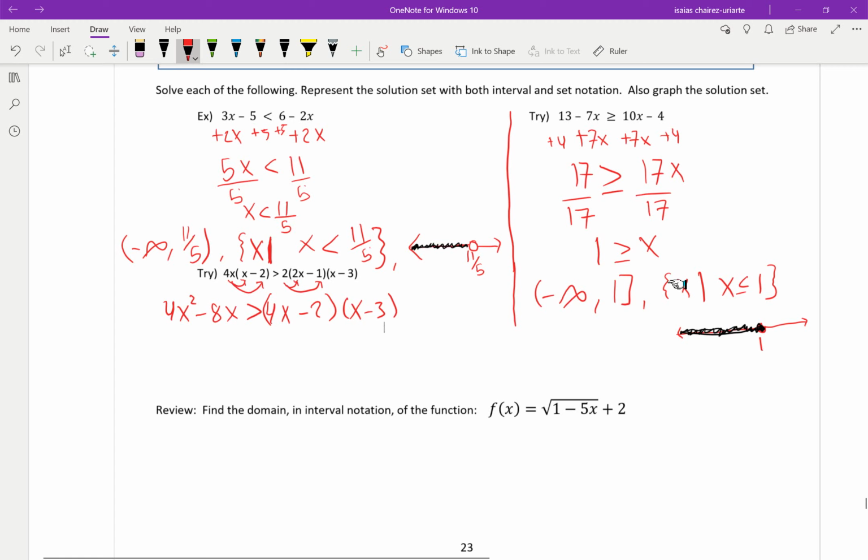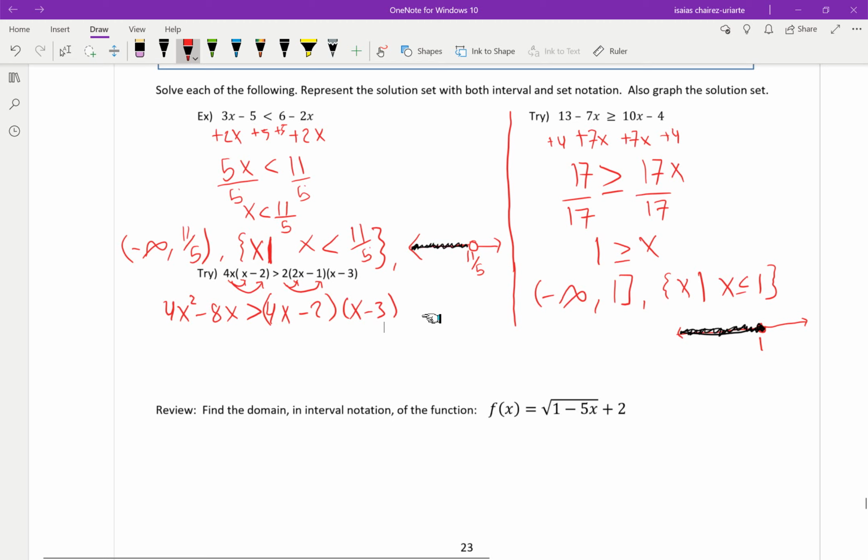We haven't really done much anything other than distribute. I distributed this 4x, so 4x times x, that's 4x squared. 4x times negative 2, that's minus 8x, good. Bigger than 2 times 2x, well, that's 4x. 2 times negative 1, that's negative 2. And then I still have to multiply by this x minus 3. So think FOIL here.